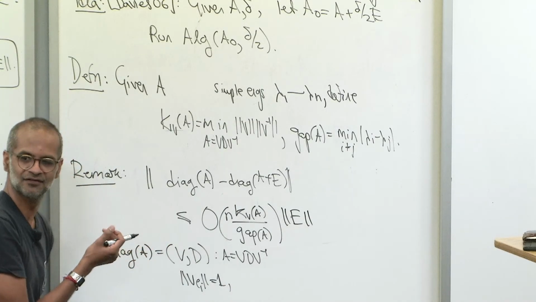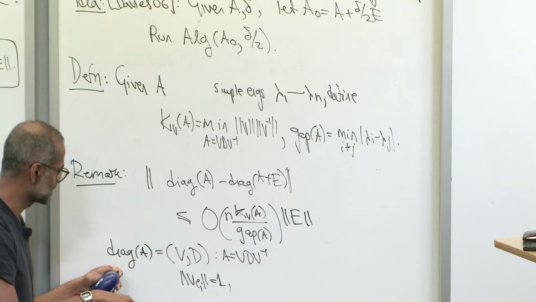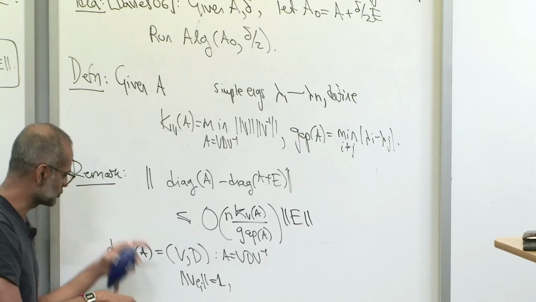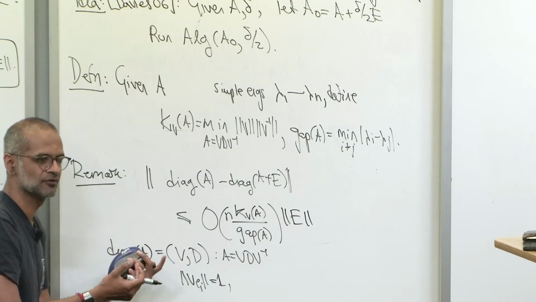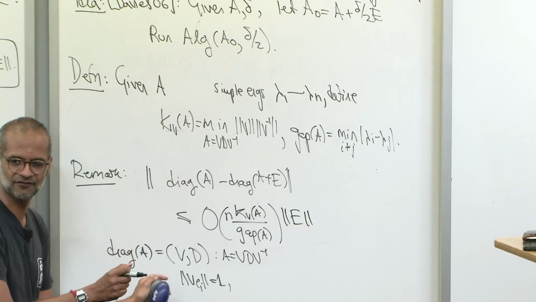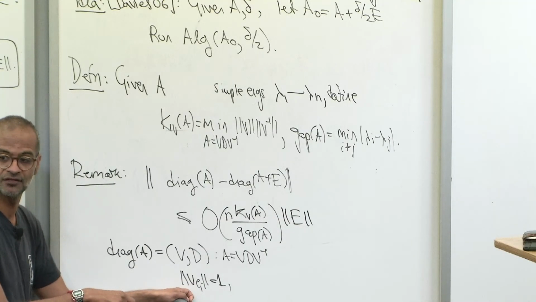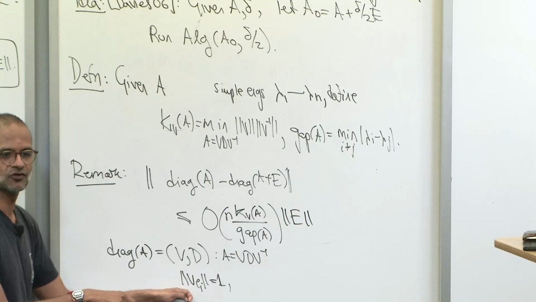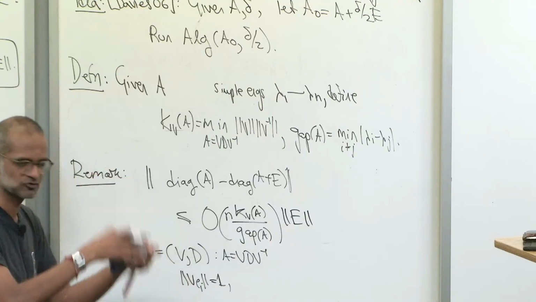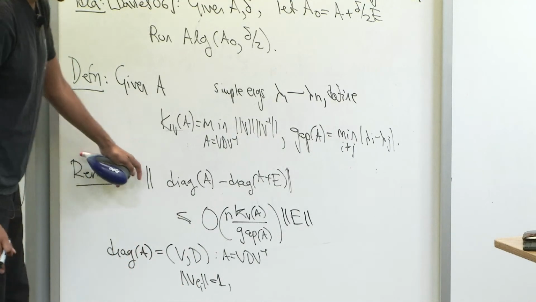Are you saying that there exists a diagonal matrix with this property because there are many possible Ds? Right. The only annoying thing here is you can multiply by a phase, right? If you normalize the eigenvectors to be unit. You need to quotient out by the phases. Yeah, that's harmless.